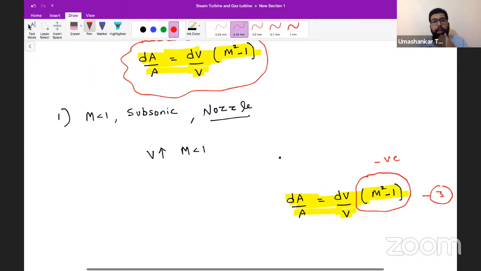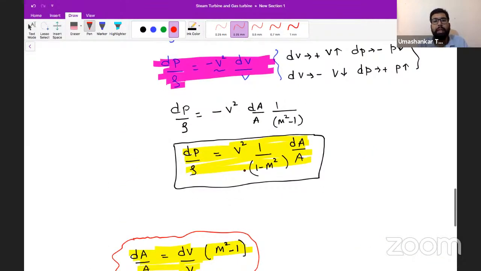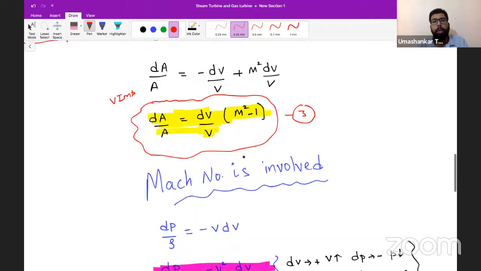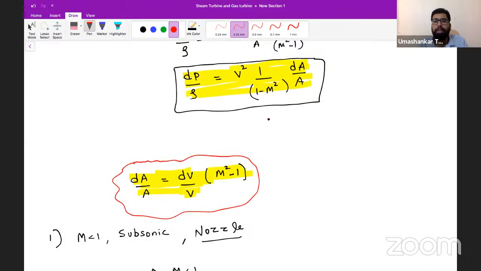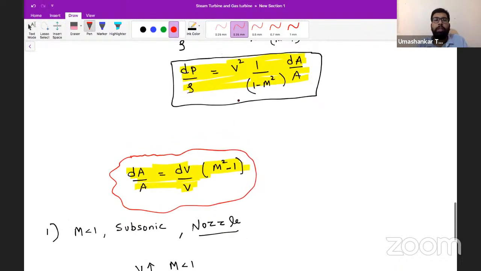Virender is asking whether in this formula we have to take the density as initial or not. The changes of density we have already observed with respect to velocity. So we can take rho and v as constants here, and we can relate dp and dA by A. The significance of this relation is that we relate the pressure with respect to area.